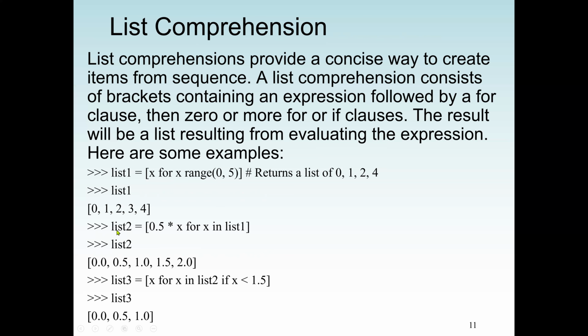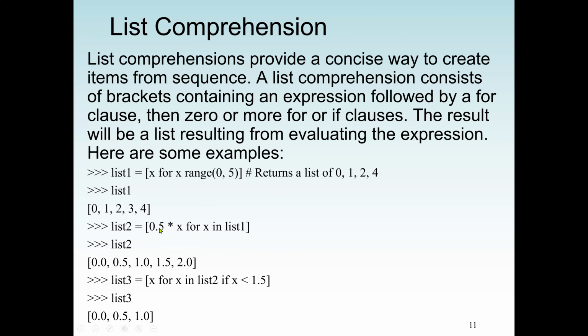Now, let's say we're going to have list 2. This time we say list 2 should be 0.5 times x for x in list 1. Remember list 1, we have 0, 1, 2, 3, 4. We are multiplying each element by 0.5, because we say x for x in list 1, which is all the items in list 1.